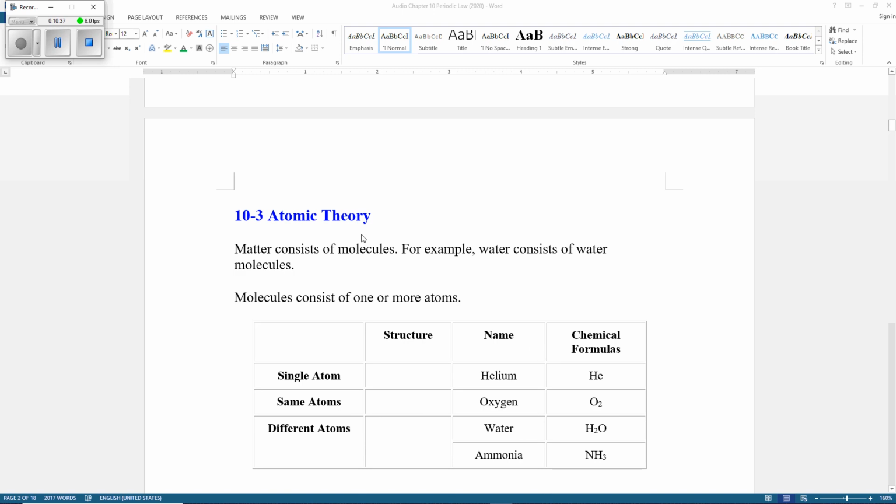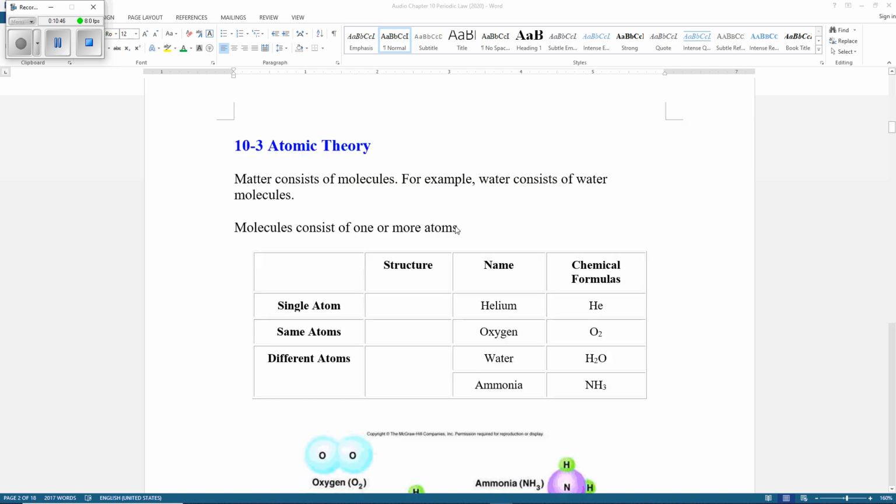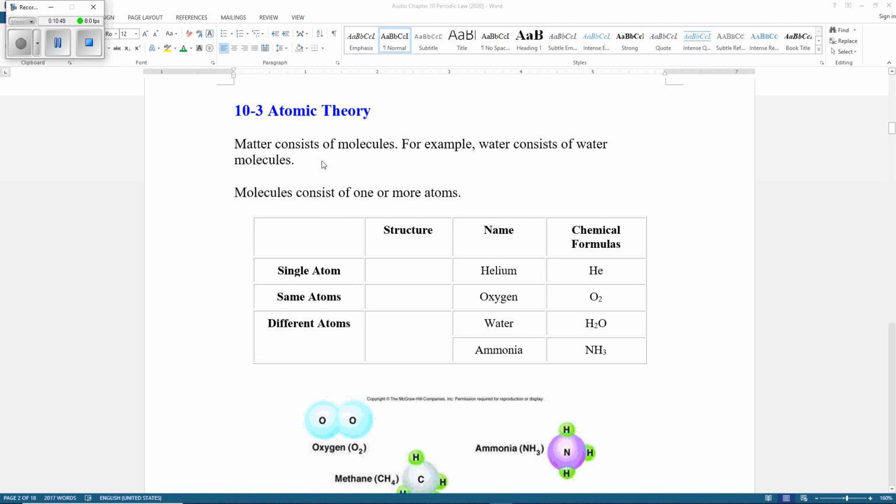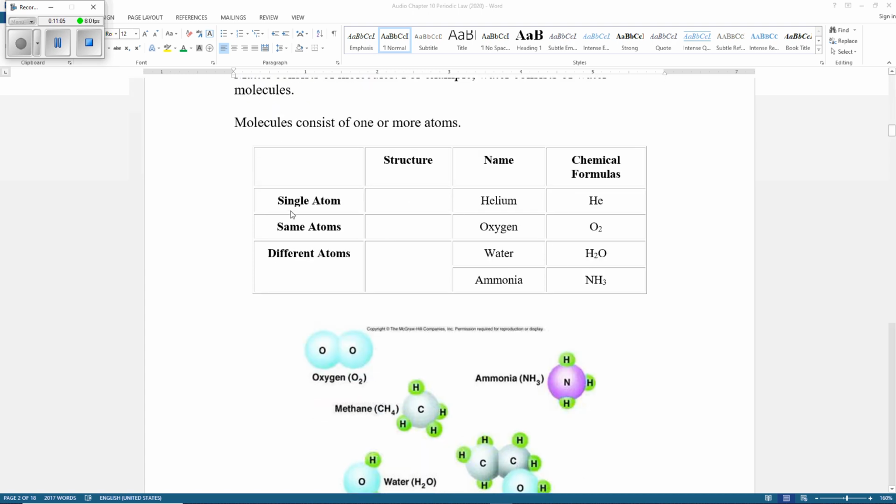Now section 3, we discuss atomic theory, the atomic theory of chemistry. Matter consists of molecules, and molecules consist of one or more atoms. Some molecules, for example helium, stay alone.